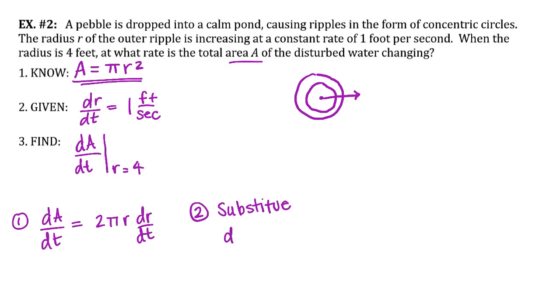So we have dA/dt equals 2 pi, and then r we were told was 4, and dr/dt we were told was 1 foot per second. After we substitute in and solve, we should be able to have our final answer. So this is going to end up being 8 pi, and our units would be feet squared per second.